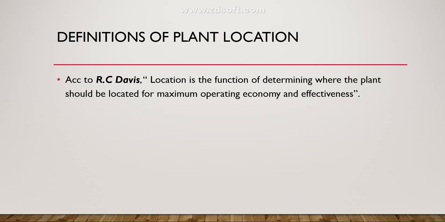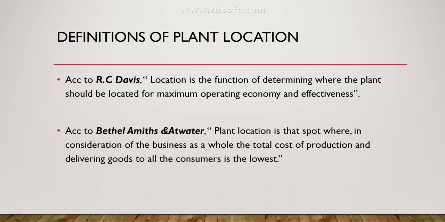Moving ahead, I have another definition, according to Bethel, Emmets and Atwater. The plant location is that spot where, in consideration of the business as a whole, the total cost of production and delivering goods to all the consumers is the lowest.